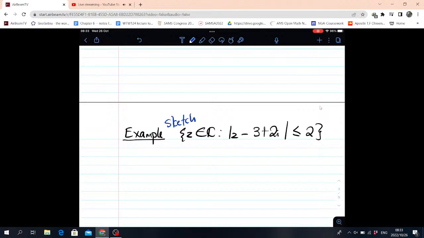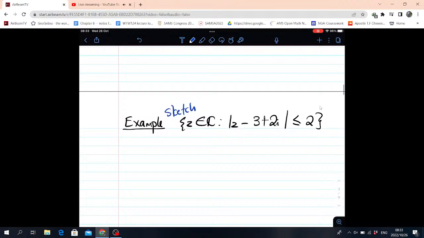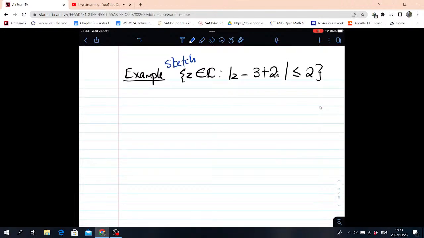So what we have is this modulus of z minus 3 plus 2i, which can be rewritten as z minus (3 minus 2i), like that.